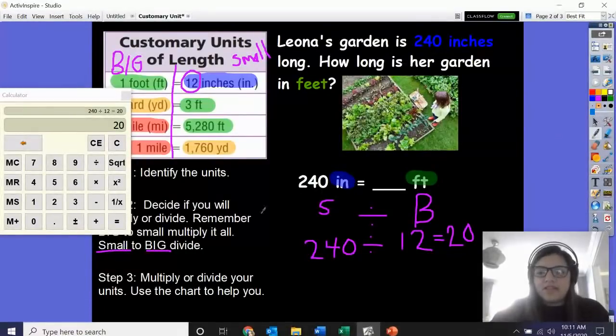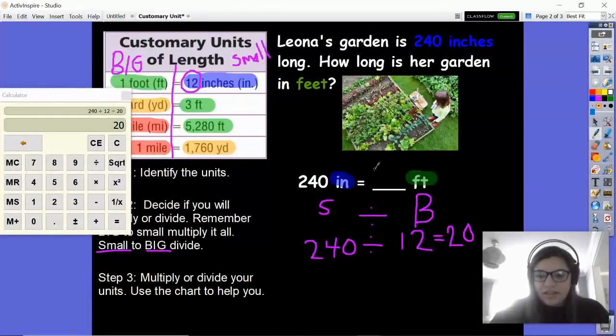So that means that 240 inches is equal to 20 feet. So if Leona's garden is 240 inches long, then her garden is also 20 feet long.